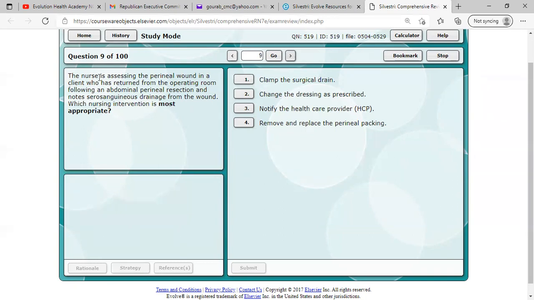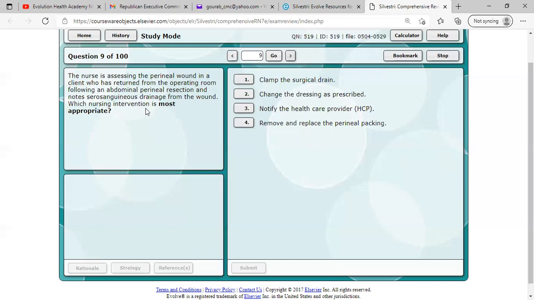The nurse is assessing a perineal wound in a client who is returning from the operating room following an abdominal perineal resection and notes serosanguineous drainage from the wound.